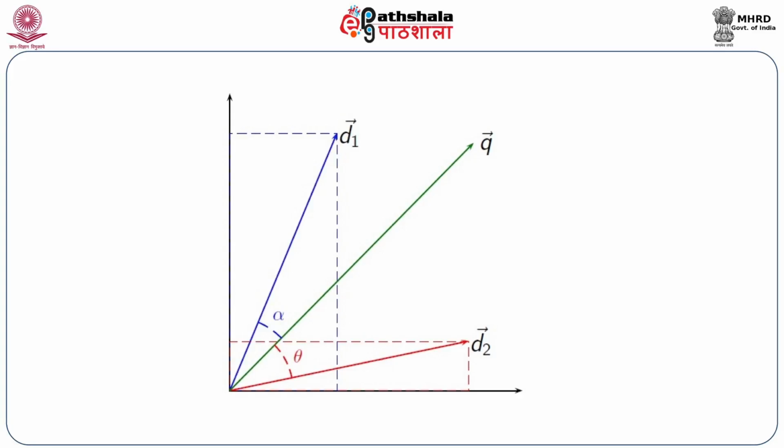The angle between document vector d2 and query vector q is theta, and we calculate the cos theta value from here. For the same query, another document vector is d1, and the angle between d1 and q is, suppose, alpha, and we can calculate the cos alpha value.